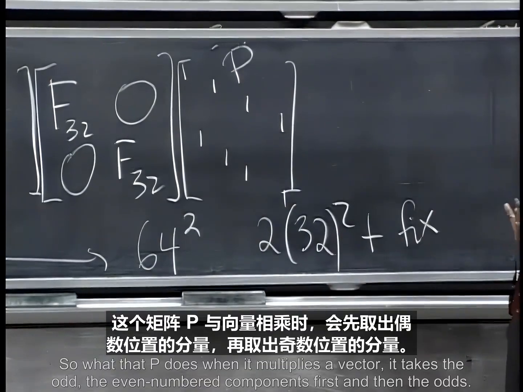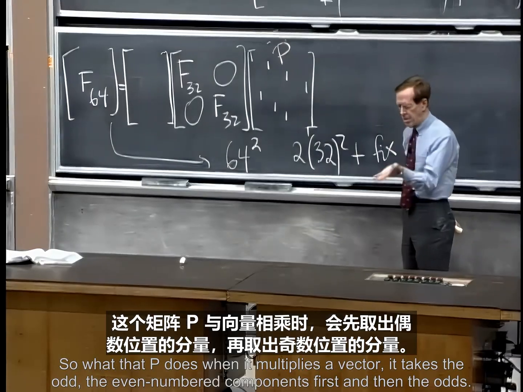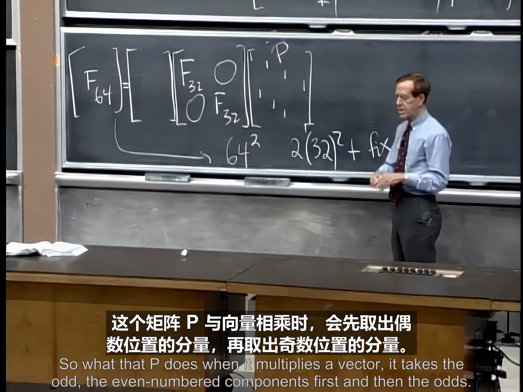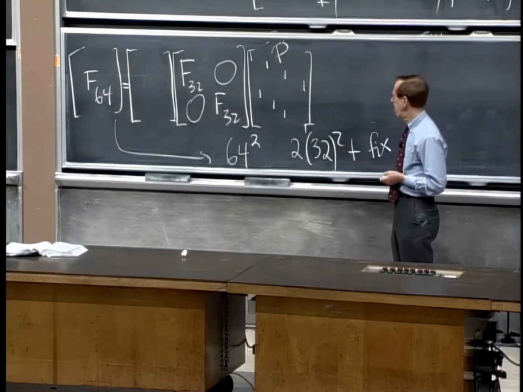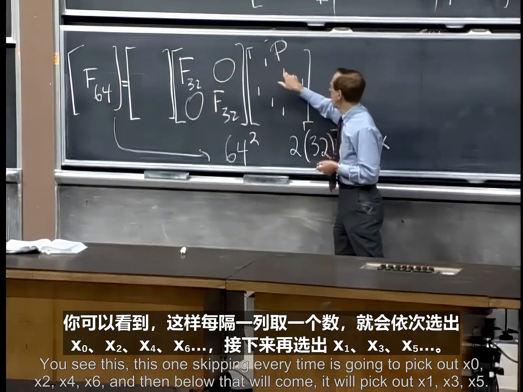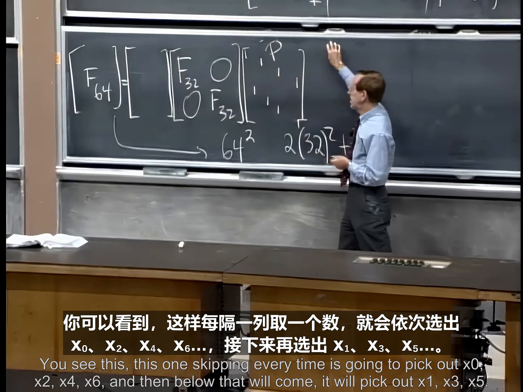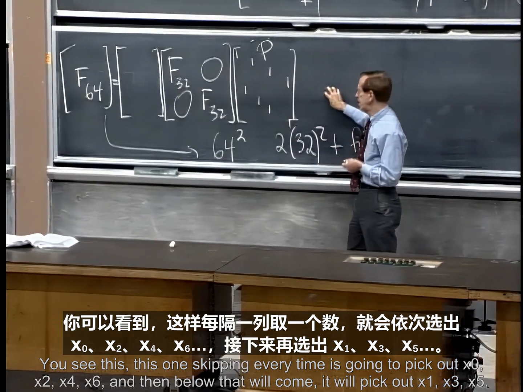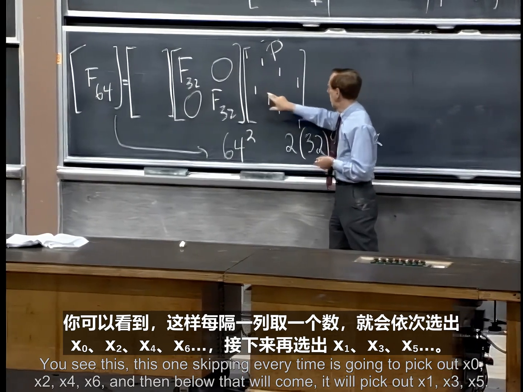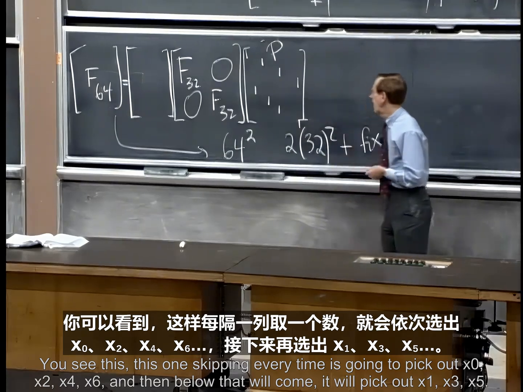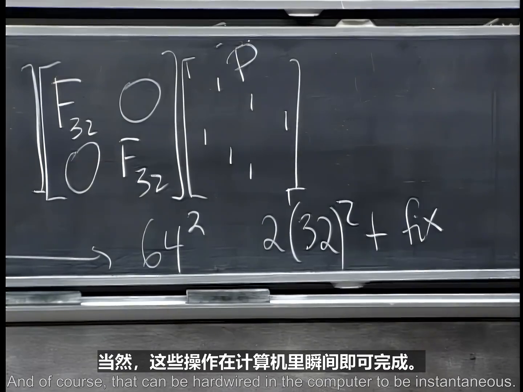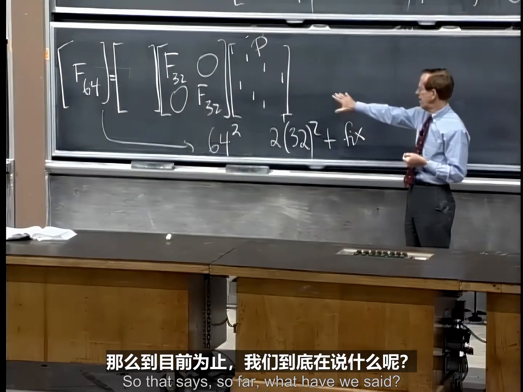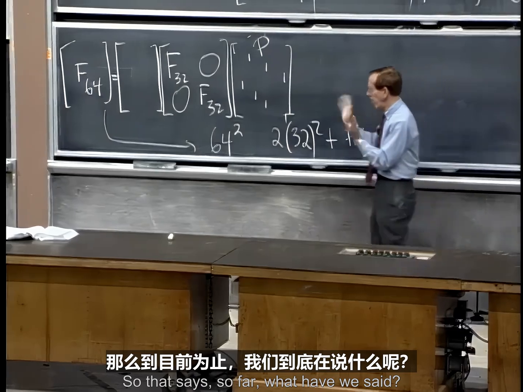What that P does when it multiplies a vector, it takes the even numbered components first, and then the odds. You see this one skipping every time is going to pick out x0, x2, x4, x6, and then below that it will pick out x1, x3, x5. And of course, that can be hardwired in the computer to be instantaneous.